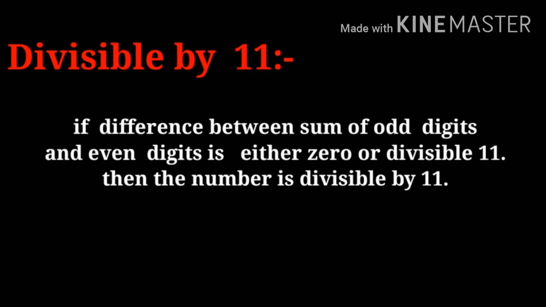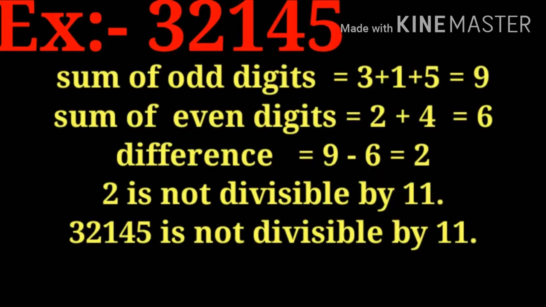Ninth one. How to check whether a given number is divisible by 11 or not? If the difference between the sum of odd digits and the sum of even digits is 0 or divisible by 11, then the given number is divisible by 11. Look at this example so that you can understand clearly.